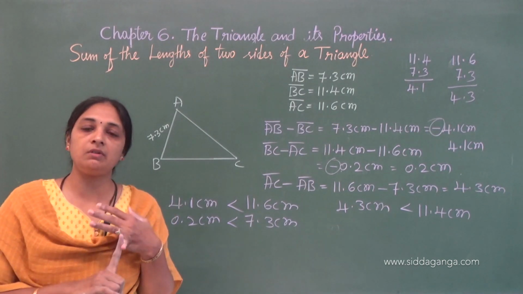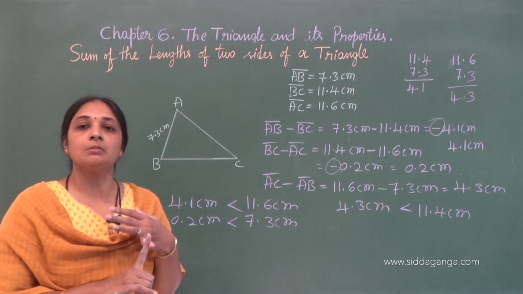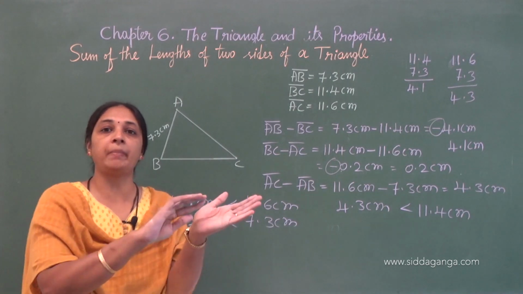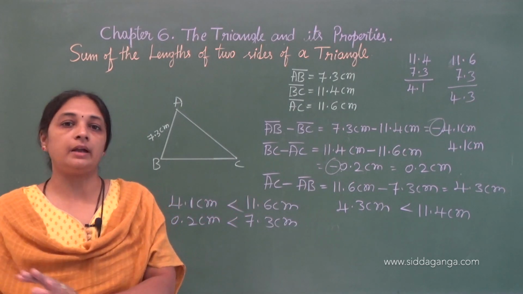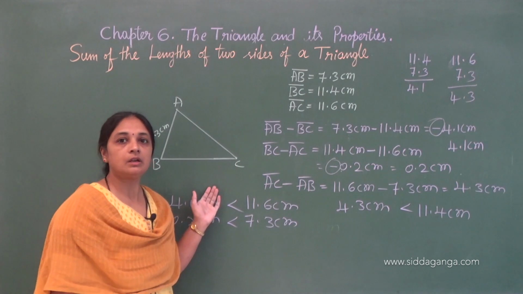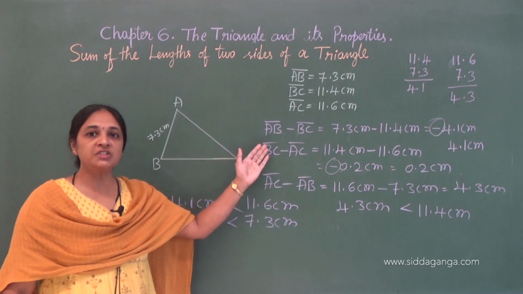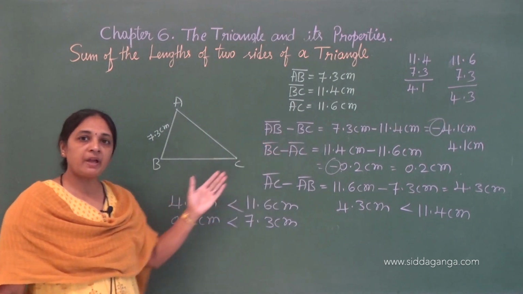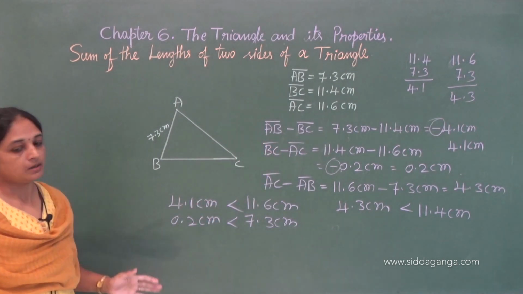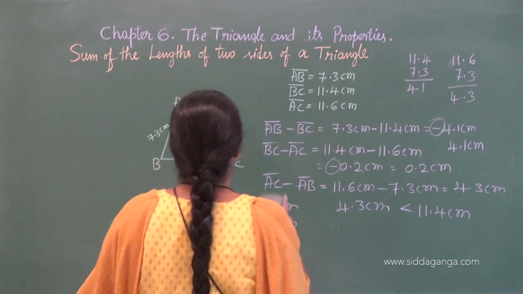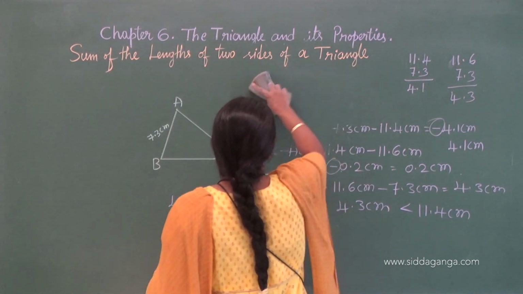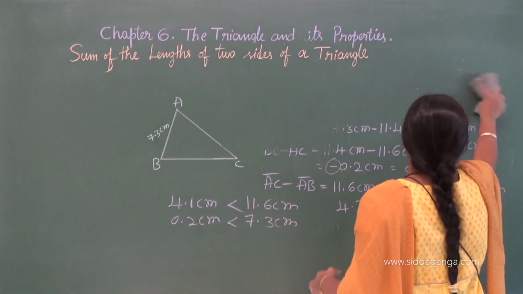So from the first activity and the second activity. In the first activity we took the sum of the two sides and compared with the third side. Here in the second activity what we did, we found the difference between two sides and we compared with the third side. So by this we can conclude, I write the conclusions of these two activities here.